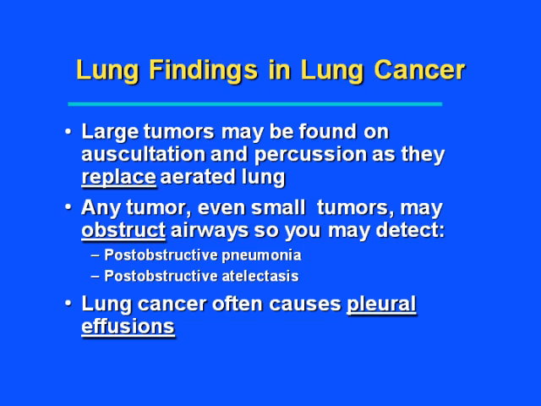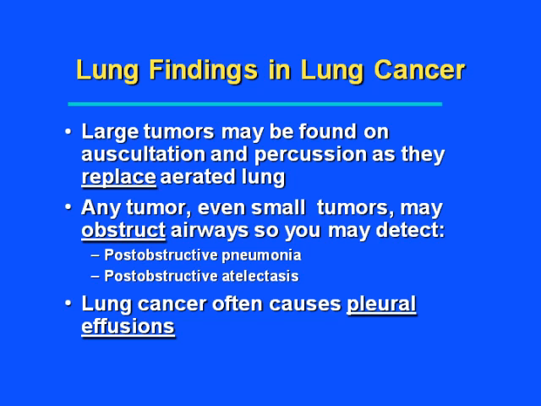Now let's think about the lung findings in lung cancer. The point here is that this will depend on the size of the tumor and what else it's causing within the chest as to whether it affects what you think of as the classic chest exam.